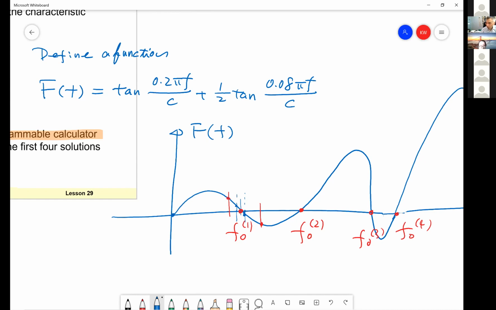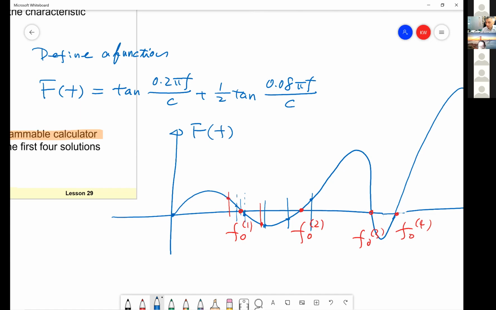And then if you chop this section and this section, and both function values are negative, then if this interval is small enough, you can say there's no solution. Then you further take another small section.